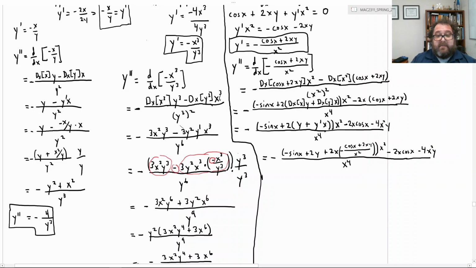So I'm going to keep simplifying, because I do have my derivative in terms of x and y only, but it is not simplified. So I need to work on simplification now. So let's see. What should I do first?